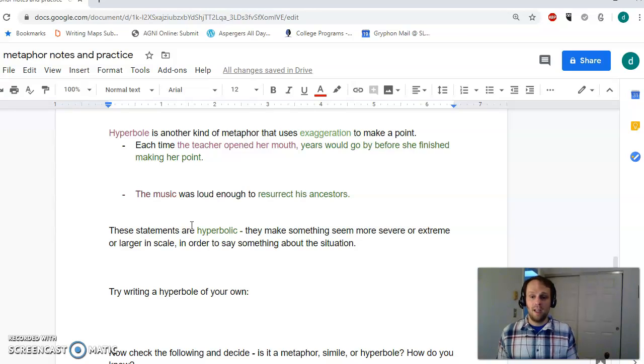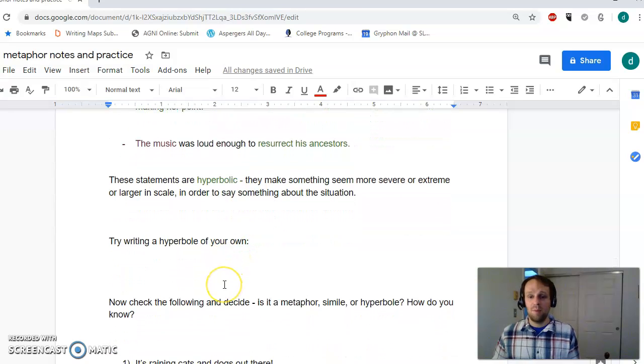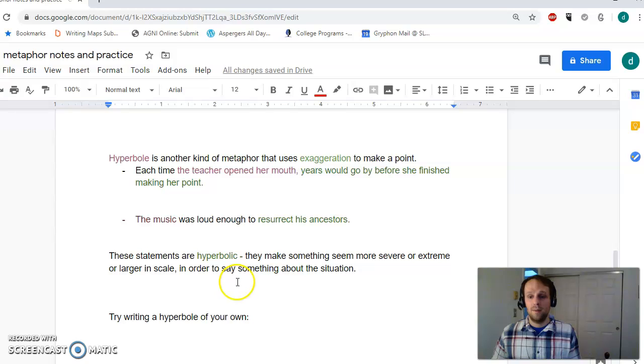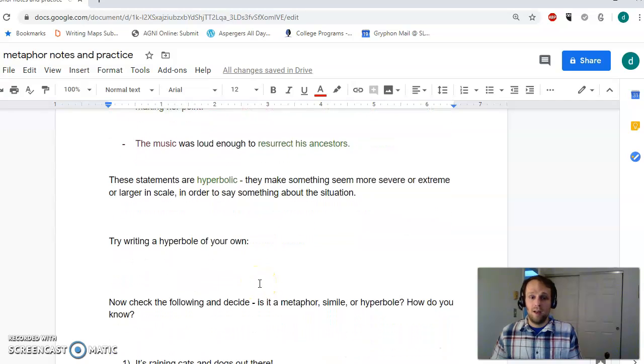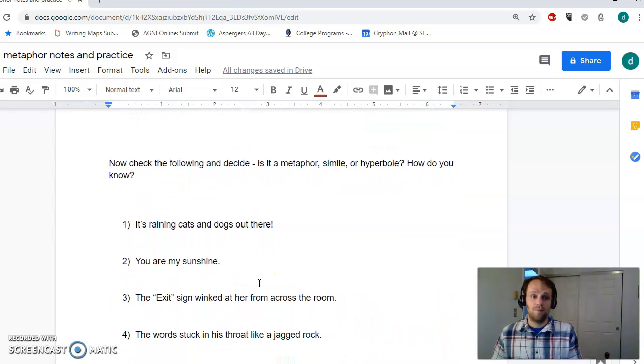But again, it tells you something about the state of mind of the person, the narrator, who's sharing these words with us in this story. So try writing a hyperbole of your own. Again, they're fairly common in our everyday language use.